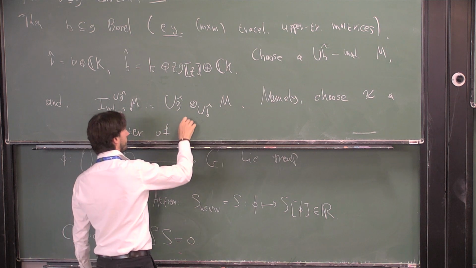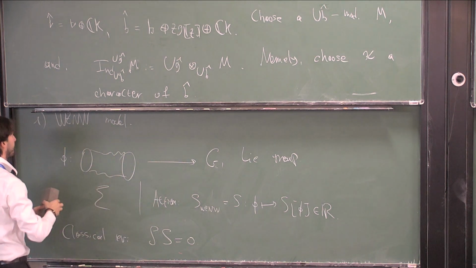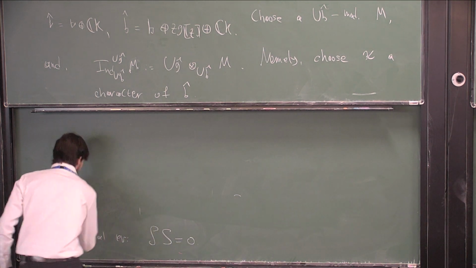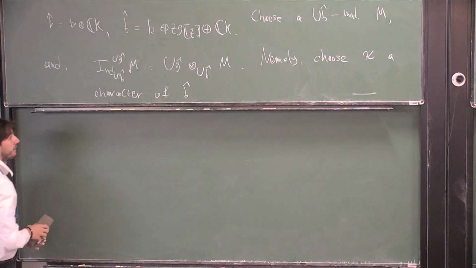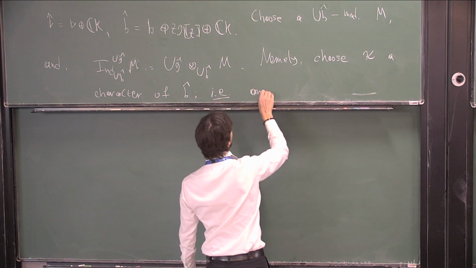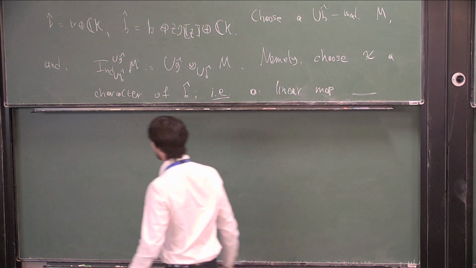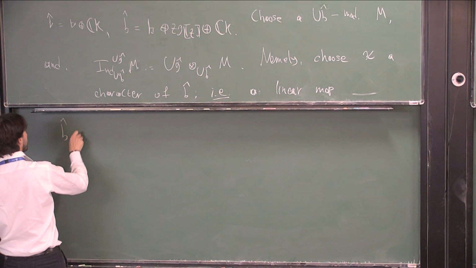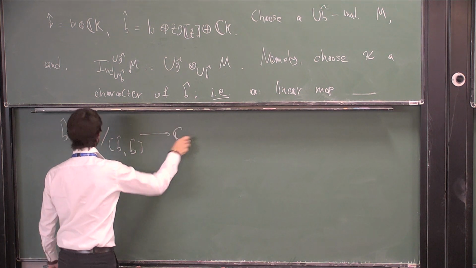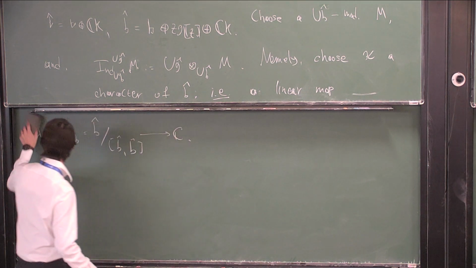A character just means giving a Lie algebra morphism towards C. So this is the same as giving a linear map from the abelianization of that to C. So this is equivalent, I.E., a linear map from the abelianization into C, which I can maybe call lambda instead. No, I will not, because it's not just lambda, sorry.